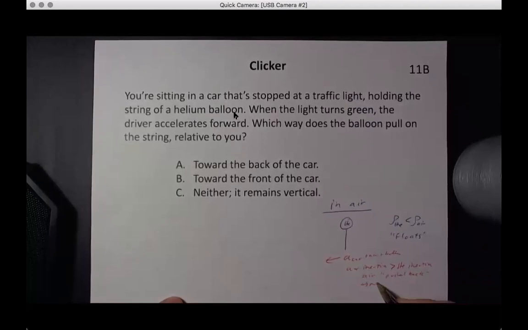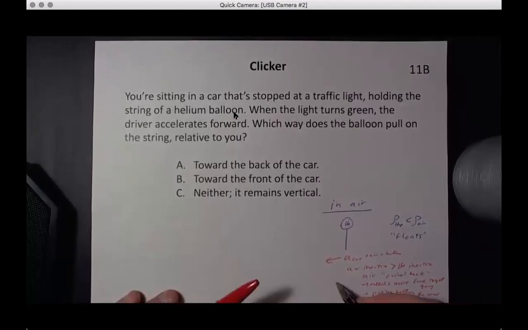Needs more force to get going. And that means that this air, now that it's been pushed back, forces the balloon the other way, forward. And so the balloon goes like this.